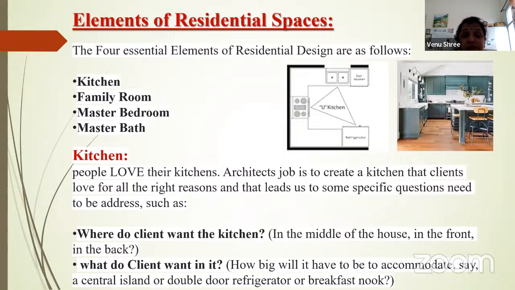Okay. Second question is, what does the client want in it? What type of kitchen does a particular client need? So how big will it have to be to accommodate that? Whether it should be at the center or somewhere else.